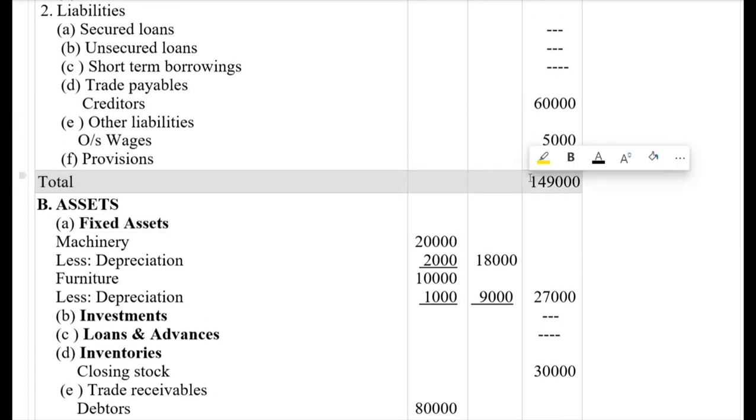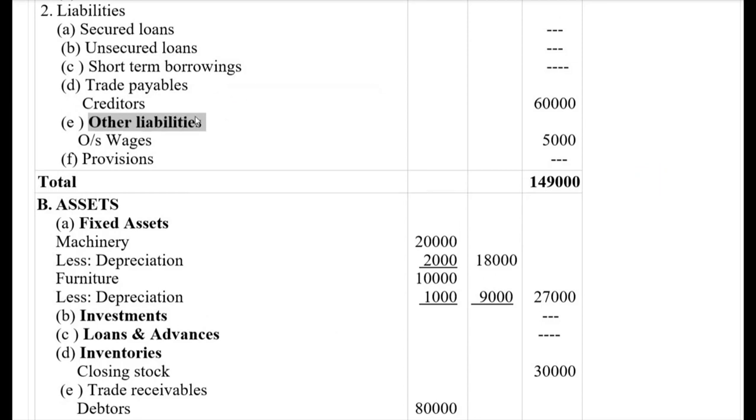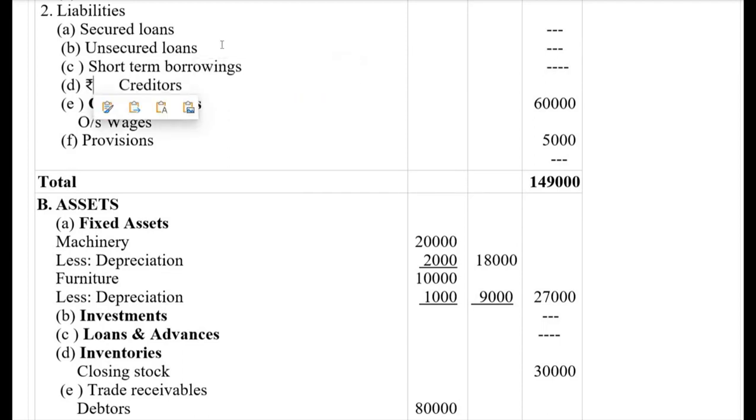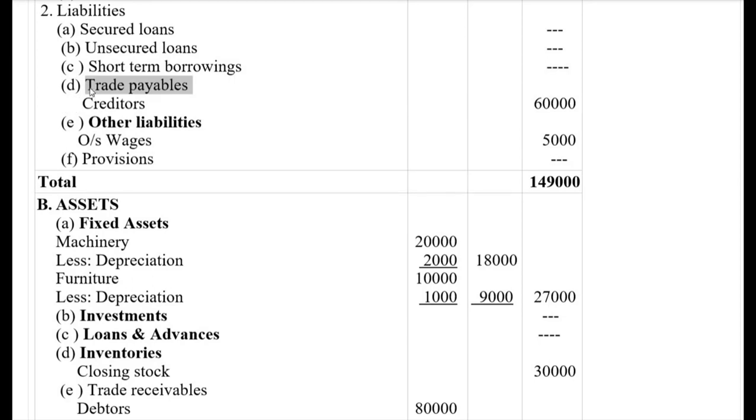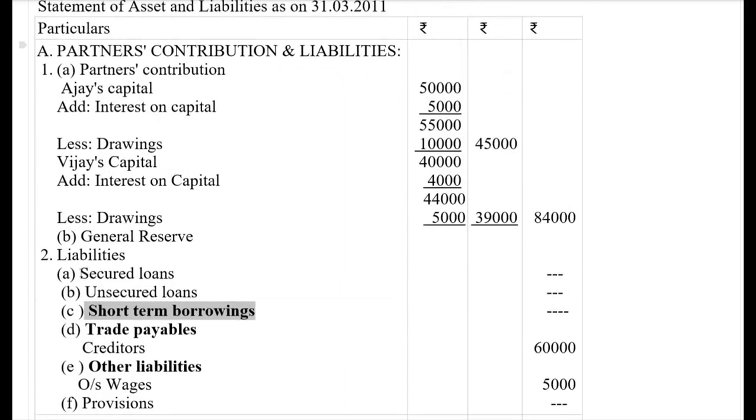So this is the total of the liabilities. Very simple problem it was.